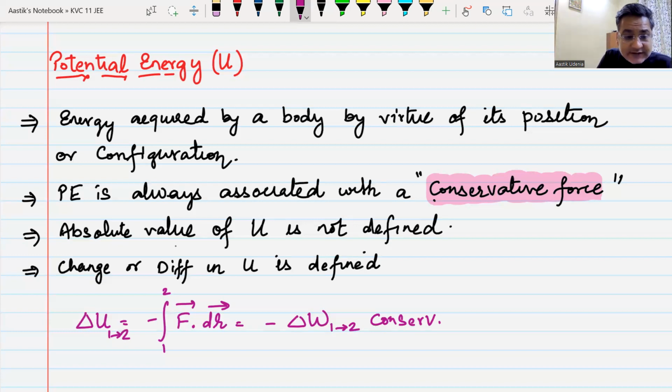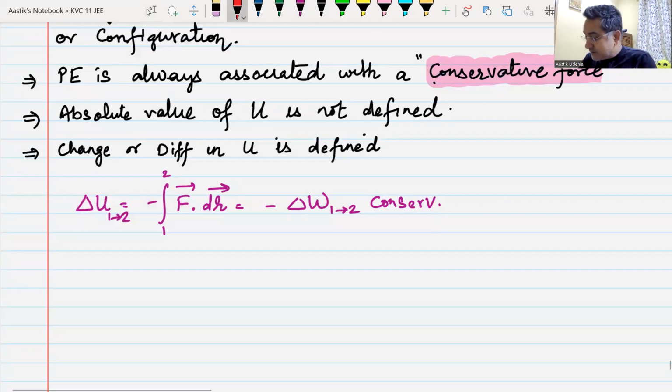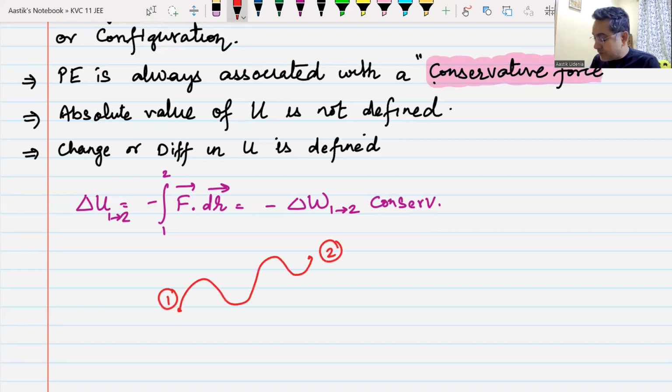Now, what do you mean by this? For example, you have this point 1 and you have this point 2, and you move an object from point 1 to point 2. If I call the energy of this point as U1, if I call the energy at this point as U2, I am moving an object from 1 to 2 by a conservative force.